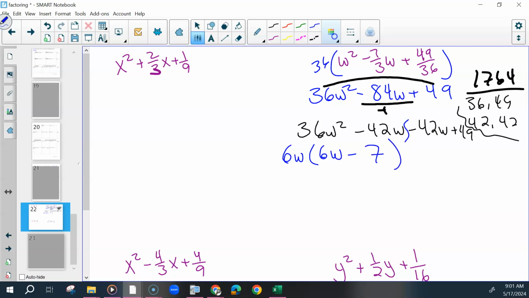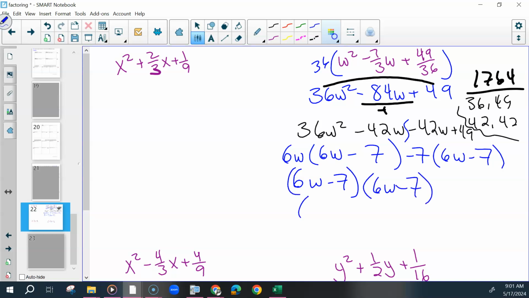And then what could I divide out of these last 2? What would be left? 6w minus 7, so then we have 6w minus 7 twice, or 6w minus 7 squared. Either or.